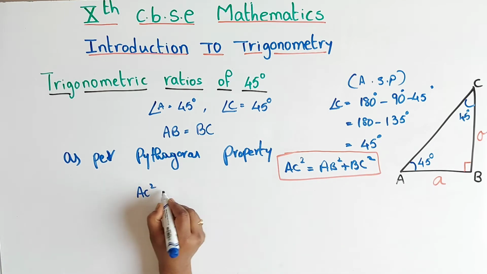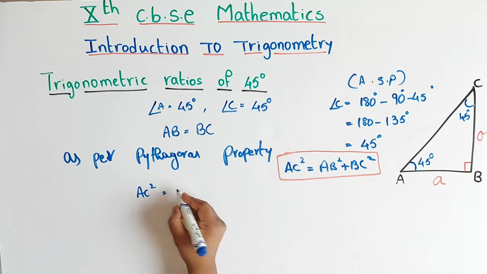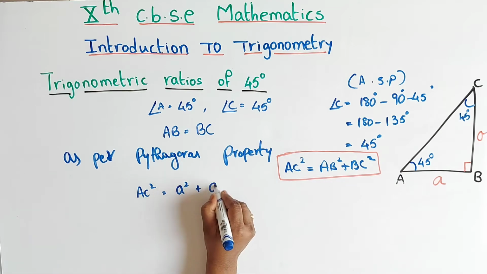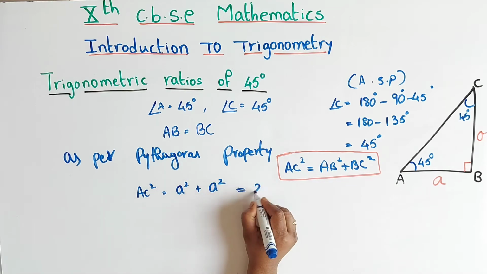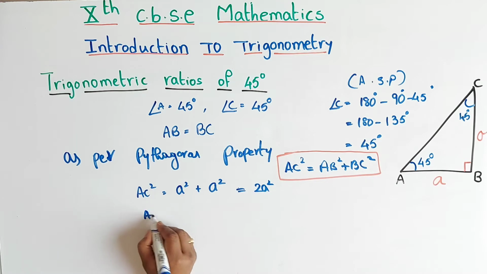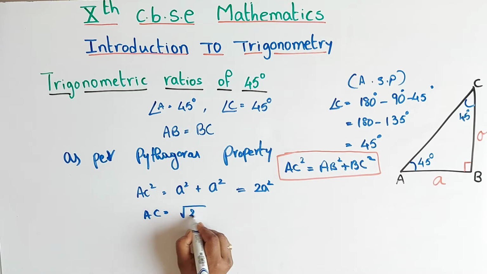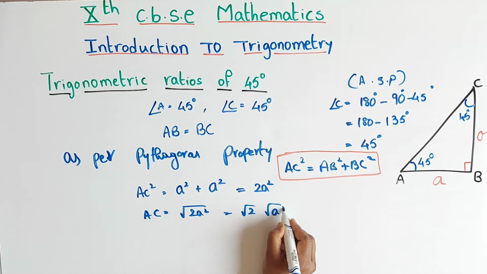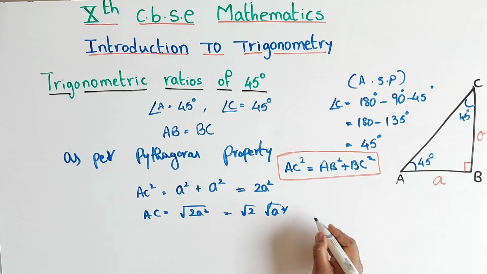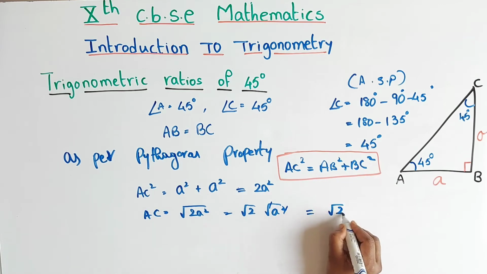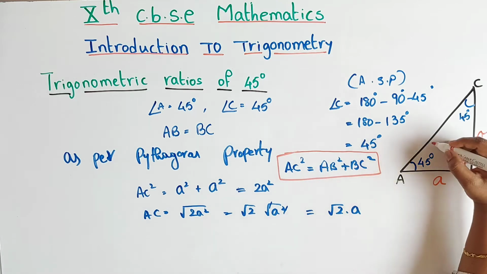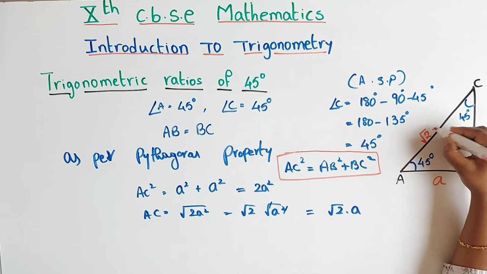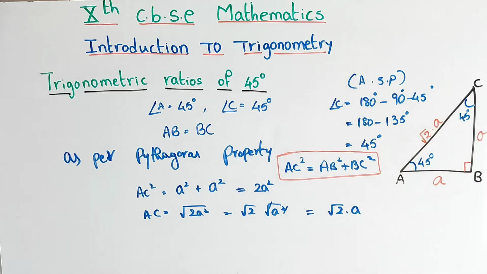AC square equal to AB square, that is small a square, plus again a square, that equals 2a square. Now AC equal to root of 2a square. I am writing separately here root 2 times root of a square, right? Here square and square root will get cancelled. So what is AC equal to? Root 2 a. Now we got AC value also, that is root 2 a children.